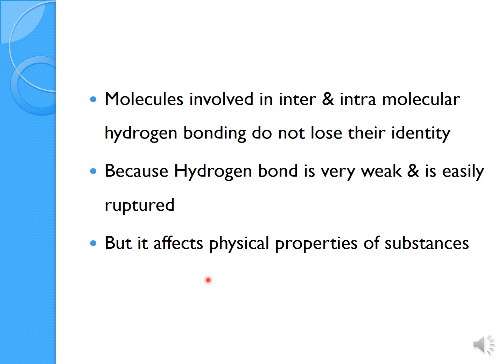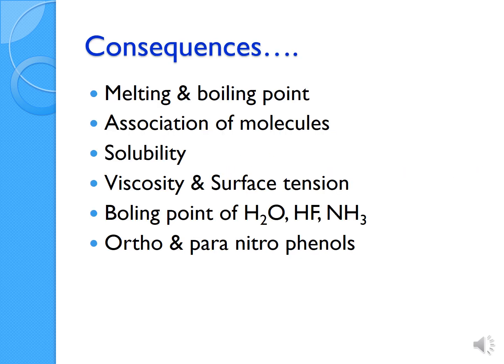But it will certainly affect the physical properties of substances. It means the presence or absence of hydrogen bonds in a molecule does not affect its chemical identity, but its physical properties may change. As we have already seen, the solubility, boiling point, etc. will change.